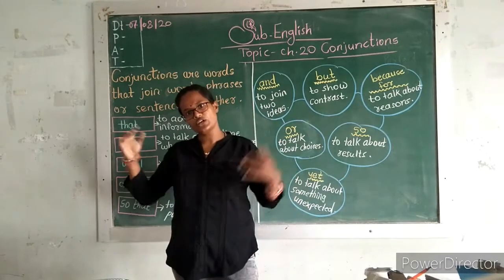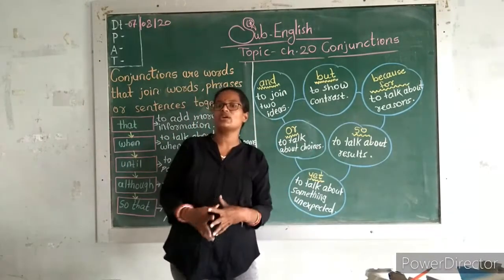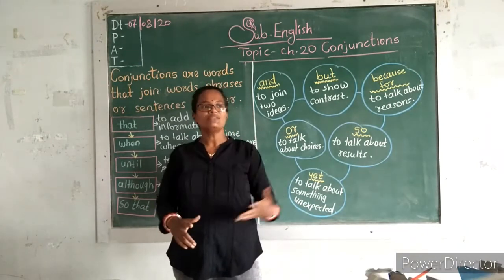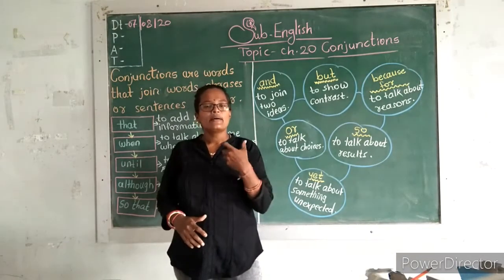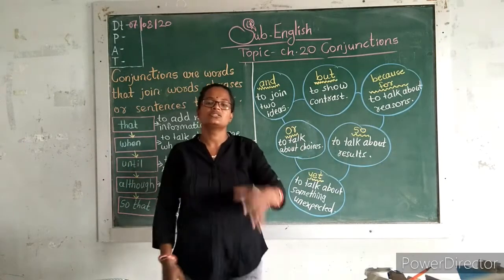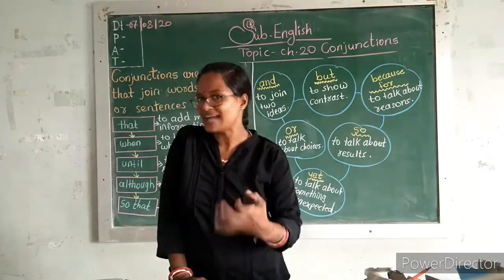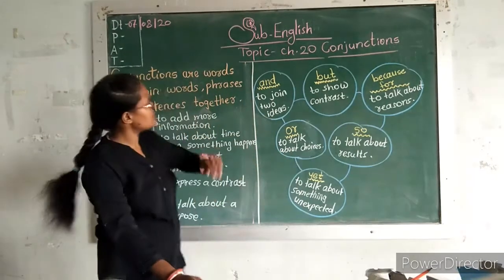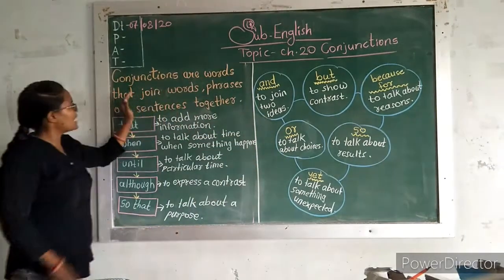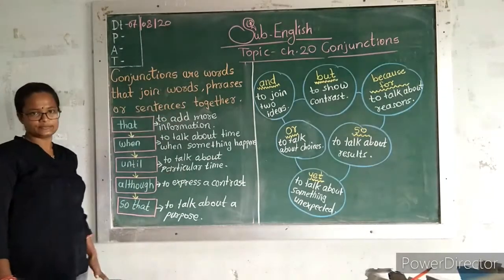We want to share one or more ideas together in a sentence. While we are trying to arrange that kind of structure, we need conjunctions to make our sentences more effective and meaningful. So conjunctions are the words that join words, phrases or sentences together.